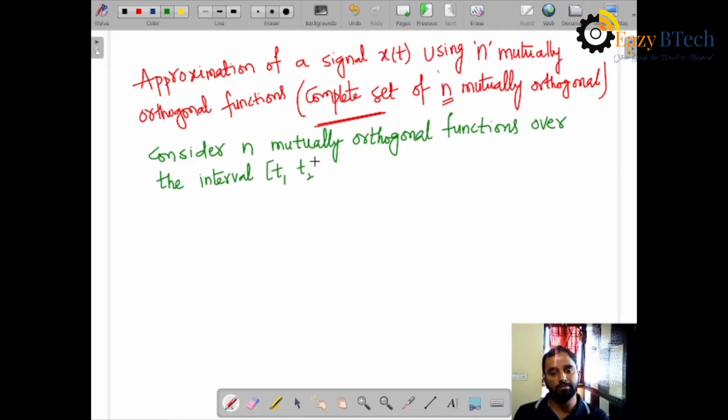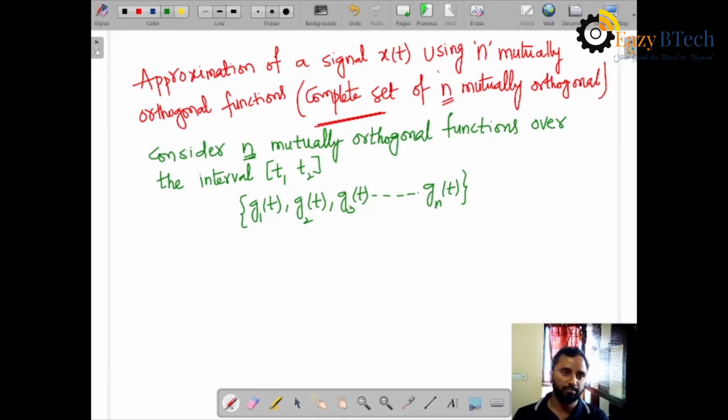This set I am taking now. Let the set be g1 of t, g2 of t. These are mutually orthogonal functions. N number we have. So that set I am writing mathematically: g1, g2, g3 of t, and so on, gn of t. So n number of mutually orthogonal functions. They are mutually orthogonal over the interval t1 to t2.